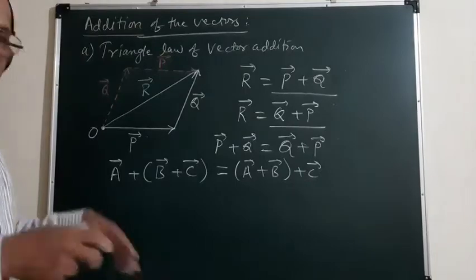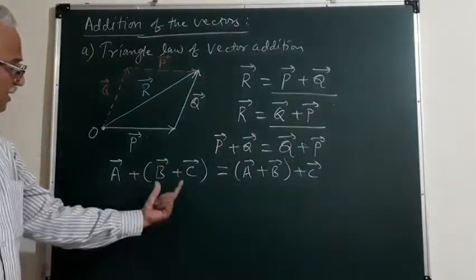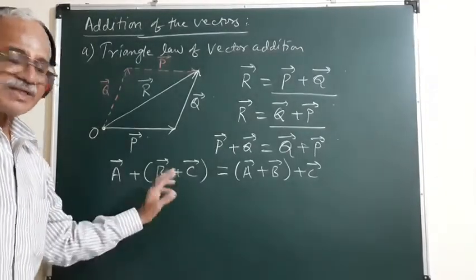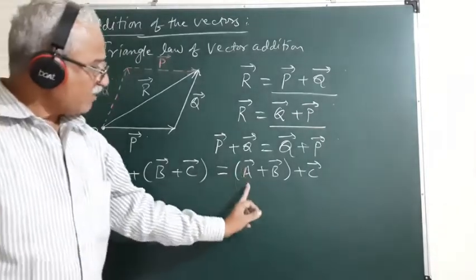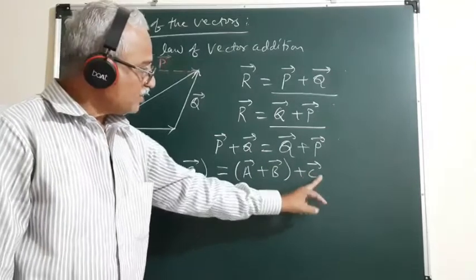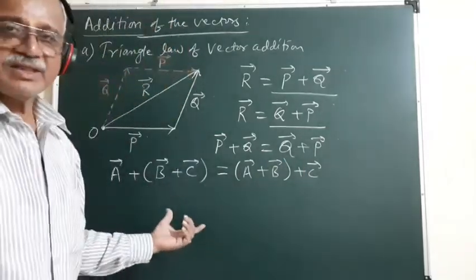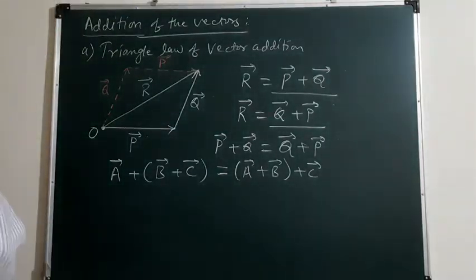So it is immaterial whether we first add the vectors b bar and c bar and then this sum is added to a bar, or first the vectors a bar and b bar are added and to this sum the third vector c bar is added. The result we get remains the same, and this is called the associative law of vector addition.